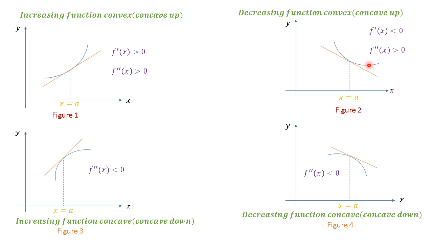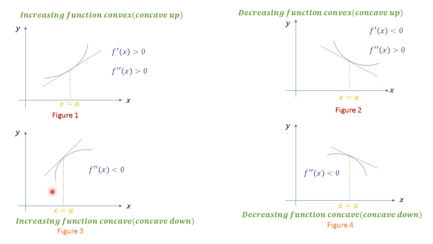But we have f double dash of x greater than 0. That means the second derivative is greater than 0 at x is equal to a, which denotes the function is convex at x is equal to a. Although it is a decreasing function, the function is convex.